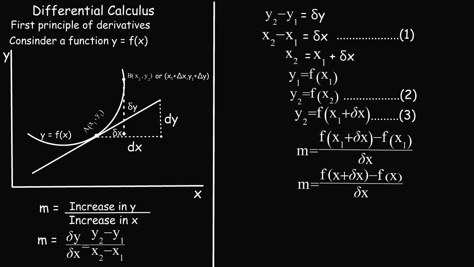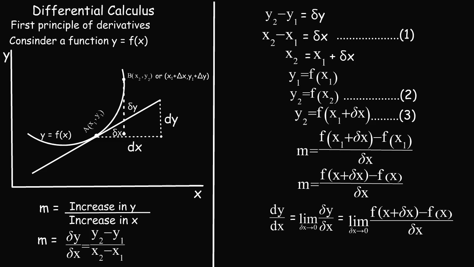Now from our graph, we can see that as B gets ever closer to A, that is, as B tends to A, change in y over change in s will be equal to dy over ds, that is the slope of the tangent through A. Therefore, dy over ds will be the limiting value of change in y over change in s, or the limiting value of delta y over delta s.